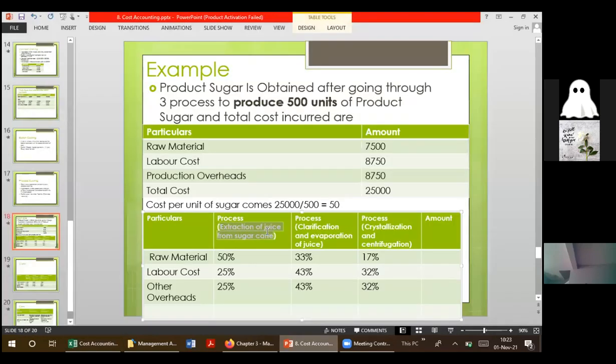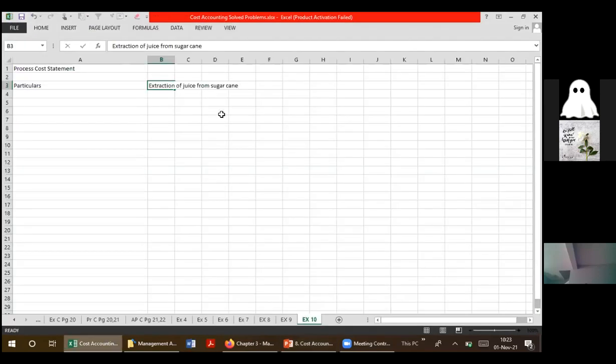First is called extraction of juice from sugar. It doesn't matter what the name is. Whatever the name is, that is our process.